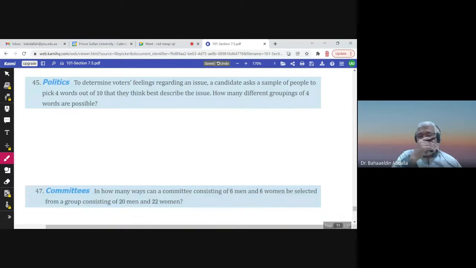So that's the answer. To determine voters' feelings regarding an issue, a candidate asks a sample of people to pick 4 words out of 10 that they think best describe the issue. How many different groupings of 4 words are possible? I have 10 words. I want to select or pick 4 out of them.